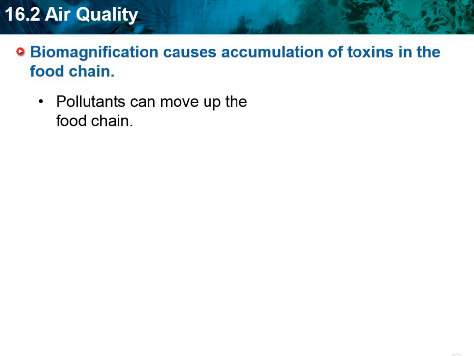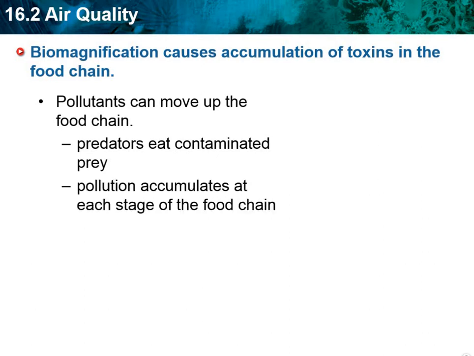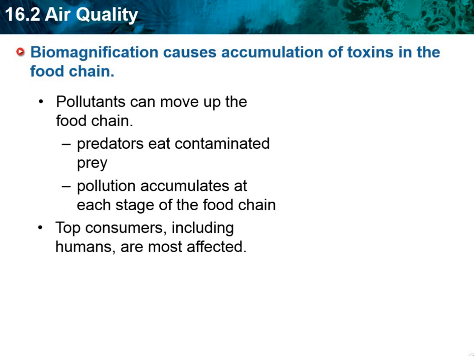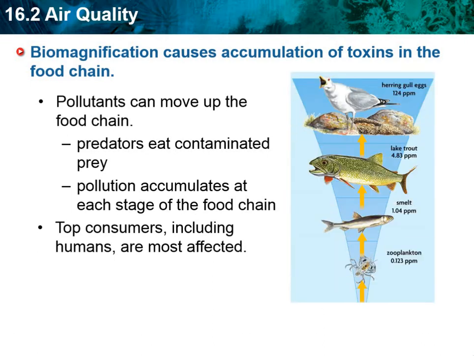Pollutants can move up through the food chain. Predators eat contaminated prey, and it builds up quickly in those predators. The pollution accumulates at each stage of the food chain, so the top consumers, including humans, are most affected.